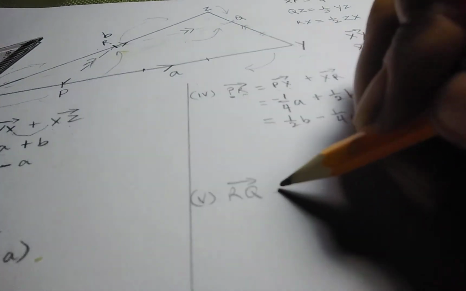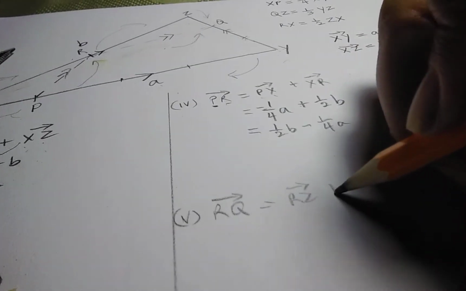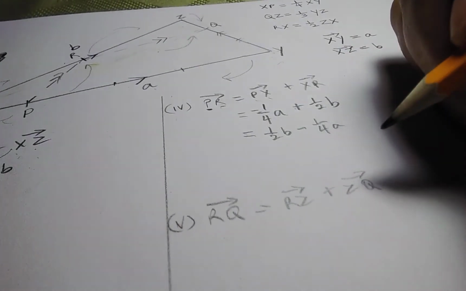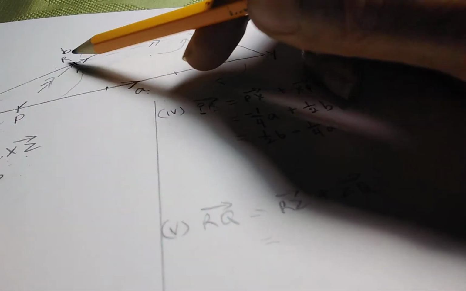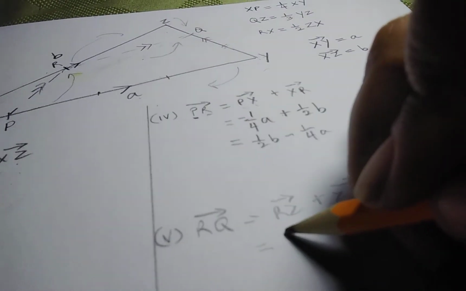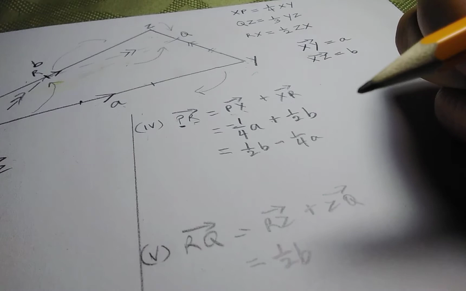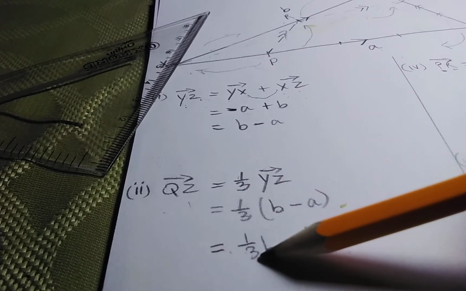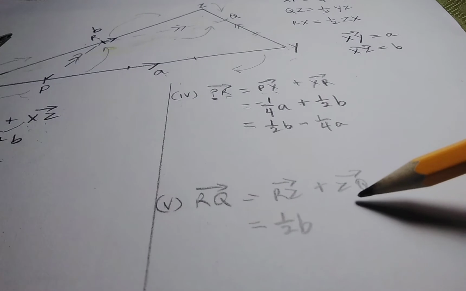So RQ would be from R to Z and then from Z to Q. R to Z is halfway, going the right direction. Halfway, so it's a positive half B. ZQ, we worked out QZ, which is positive 1/3 B, negative 1/3 A. But ZQ is the inverse.